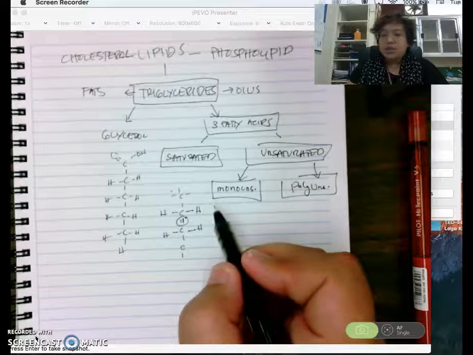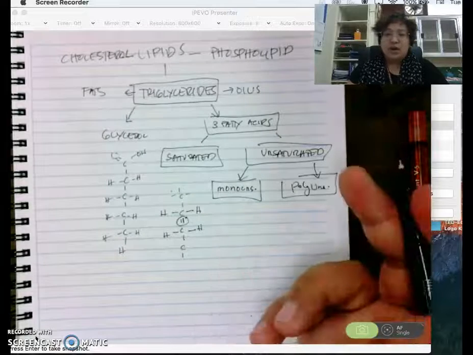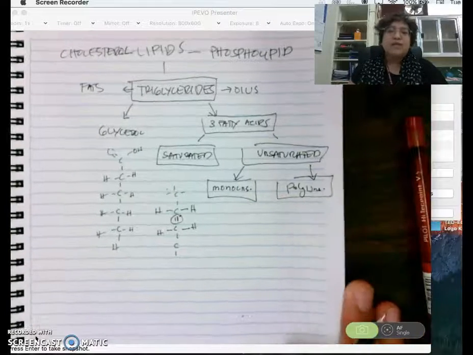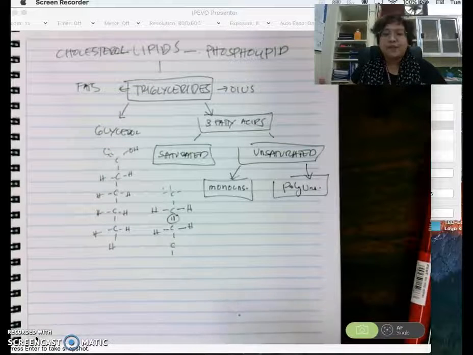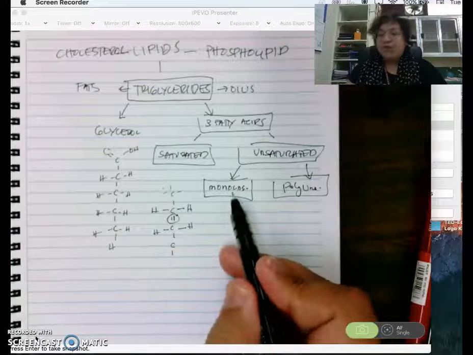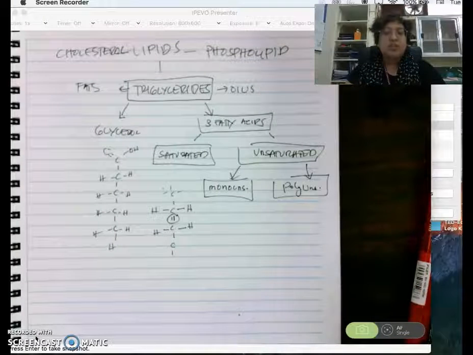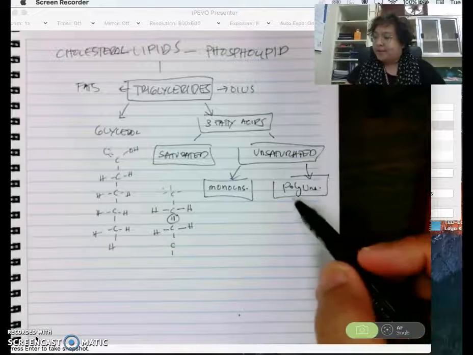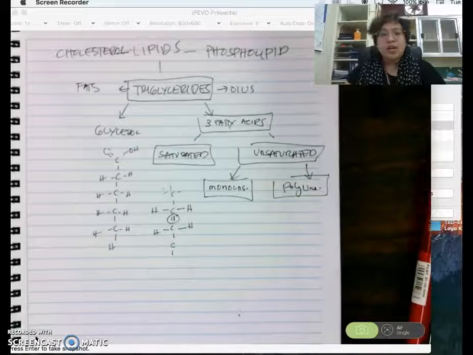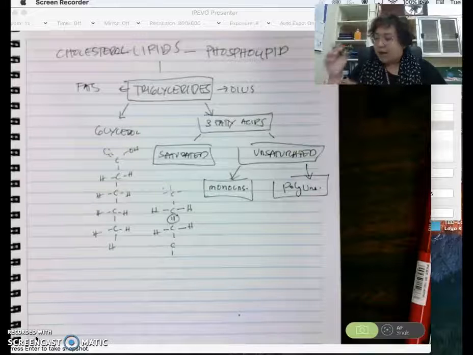That's why it's unsaturated. It's not yet completely filled up with hydrogen. You can still fill it up. So if you find one double bond in the hydrocarbon chain, you call it a monounsaturated molecule. But if there's more than one, then it's a polyunsaturated fatty acid.